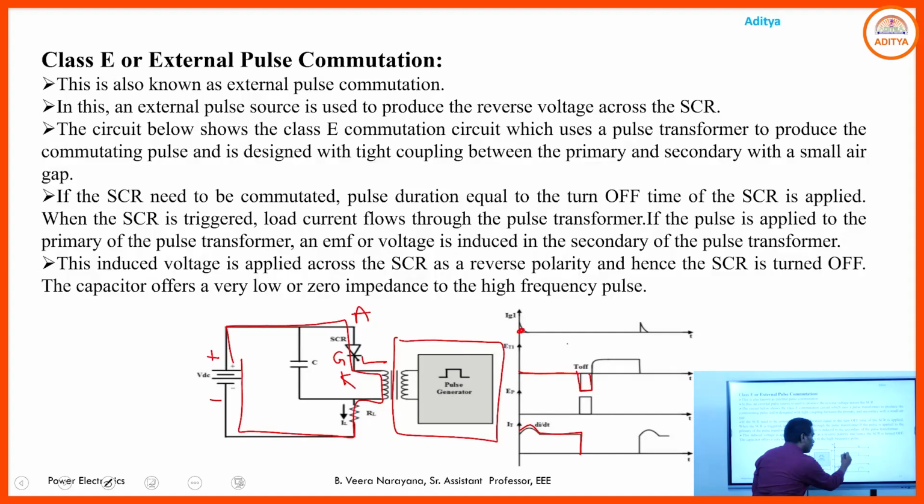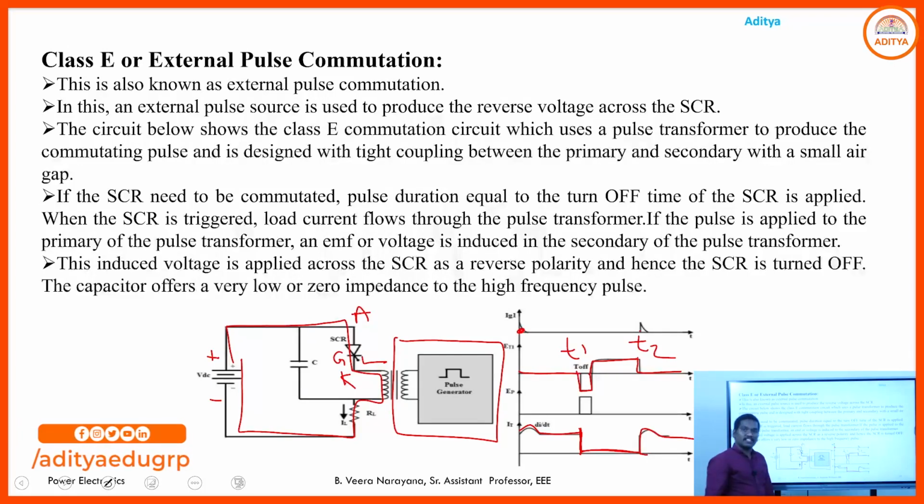So at this instant T1, if you provide the external gate pulse to the SCR, from this instant the SCR goes to the off state, and the total source voltage is available across the SCR as long as you maintain the off state. And again at this instant T2, I provide the gate pulse to T1, it comes to the forward conduction state, hence the voltage across the SCR is 0 and there is some current flowing through the SCR.